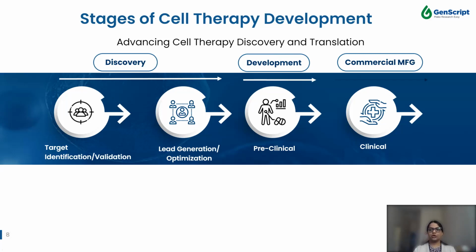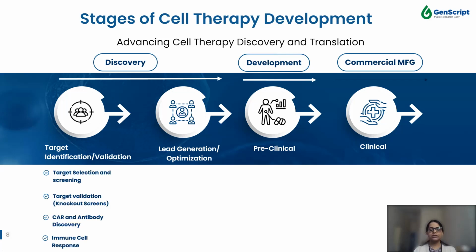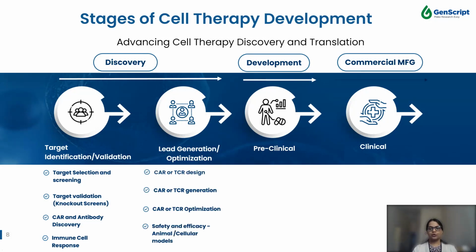At the discovery stage, scientists aim to identify the disease target and evaluate the cell types that could address the medical condition along with the therapeutic effect. Subsequently, in the lead optimization stage, optimizing CAR design and developing cell engineering techniques are crucial to enhance both effectiveness and cytotoxicity.